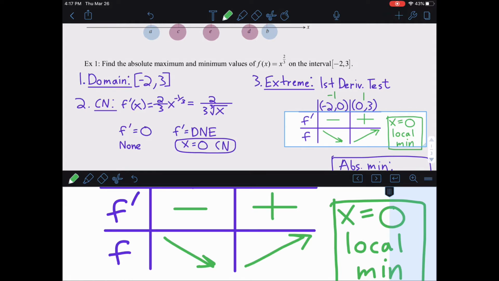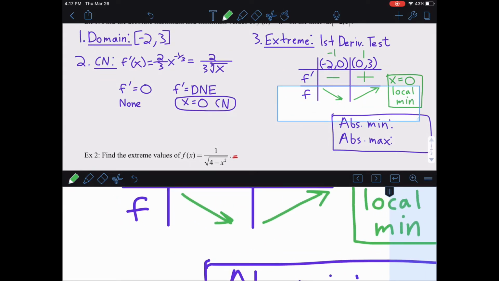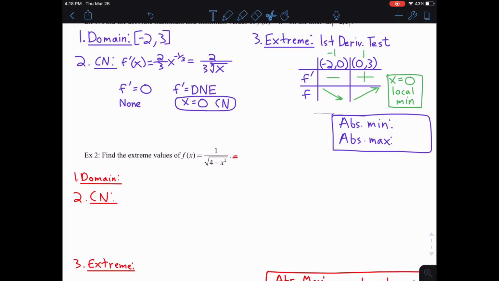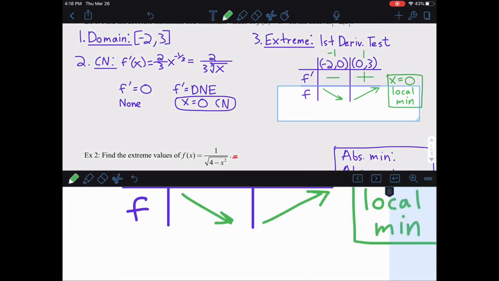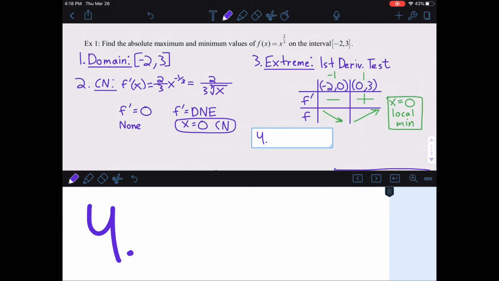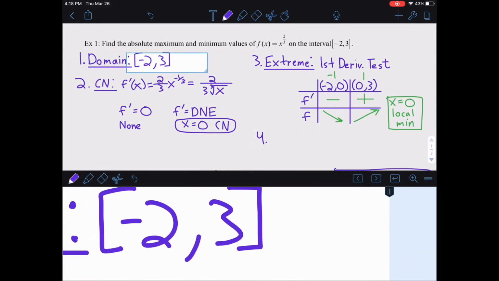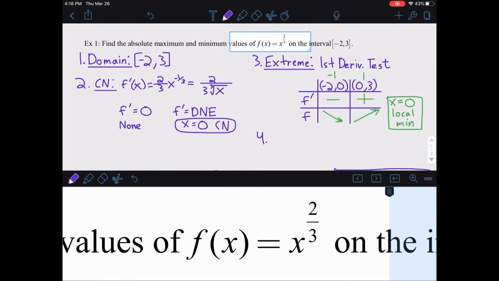Okay, and now this is step 4. So step 4, what we're going to do is we're going to test everything out. In step 4, and I've never been able to think of a good name for this step, we're going to take our two endpoints and plug them back into the original function.